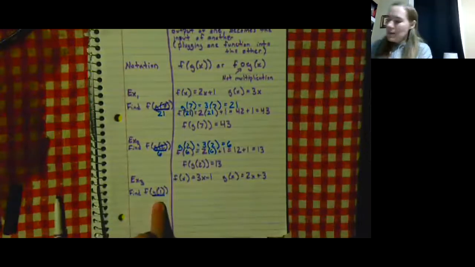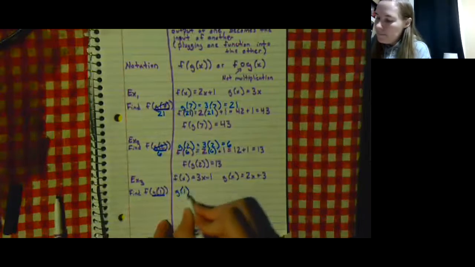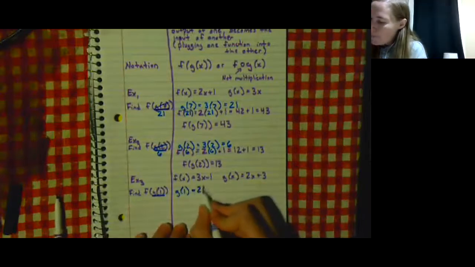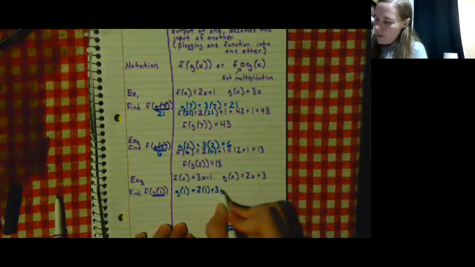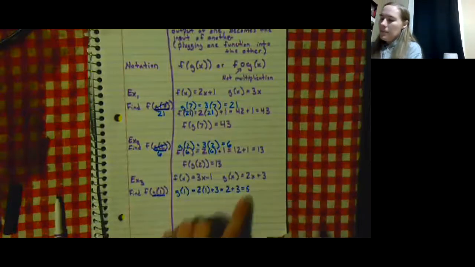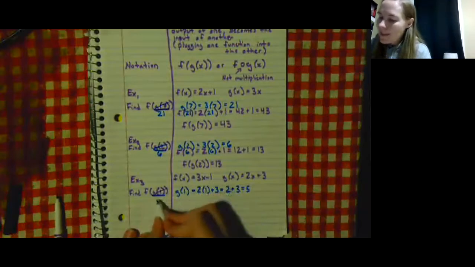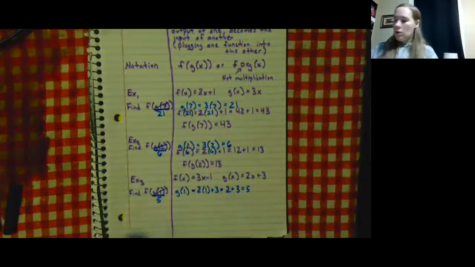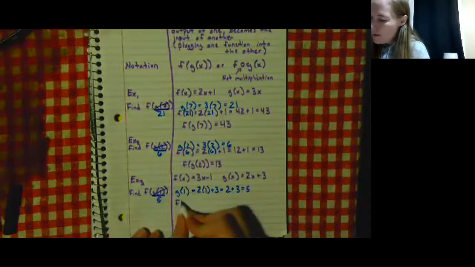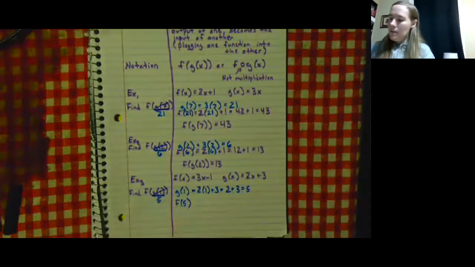My inside is g of 1. So I plug it in. So I have 2 times 1 plus 3, which would be 2 plus 3, which is 5. Now I want to replace that with 5. So now I'm finding f of 5.